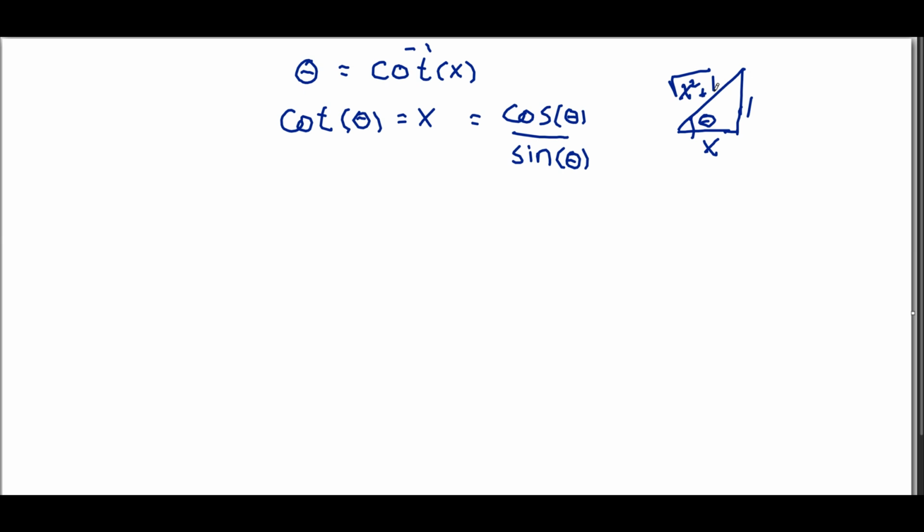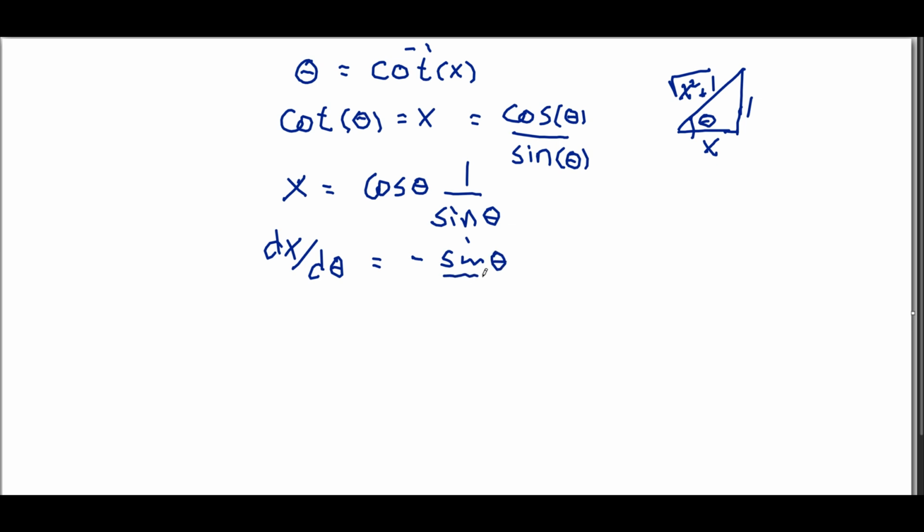So let's take a look at, well, we've got x equals cosine theta over sine theta, and dx d theta is equal to minus sine theta over sine theta minus cosine theta times sine, the minus squared theta, cos theta.